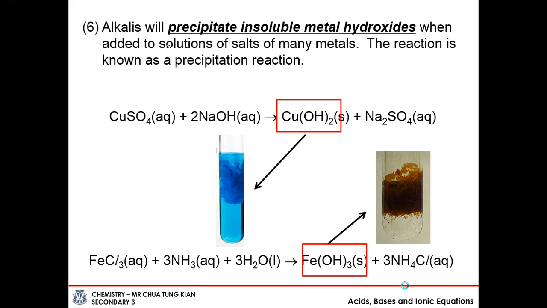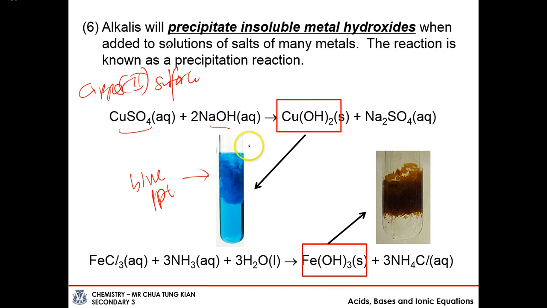So for example, if I add sodium hydroxide into copper(II) sulfate here, I will get a blue precipitate. And this blue precipitate is actually copper(II) hydroxide. And when I see this blue color, I can immediately deduce that in the original solution there is Cu2+ present.